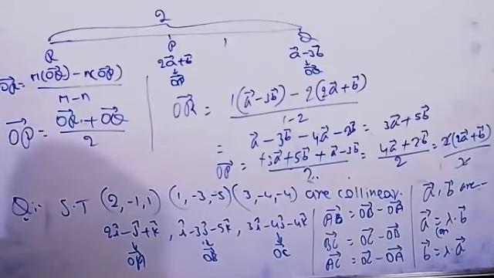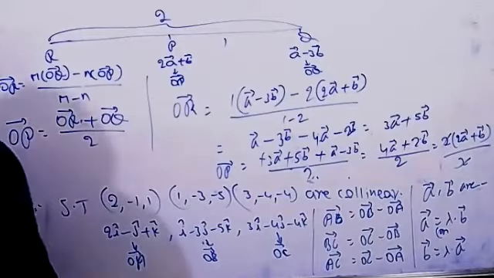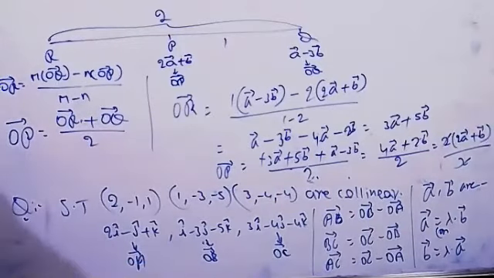At last, you can just tell me yes or no. That's all. They are asking very clearly, show that, it means compulsorily the points are collinear. No doubt at all.